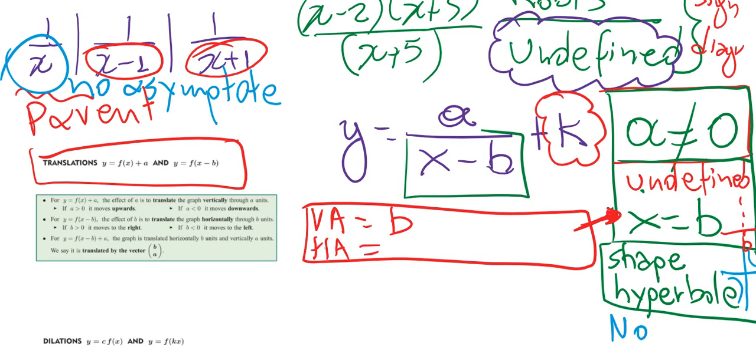The horizontal asymptote is the value of k. If there is nothing there, then your horizontal asymptote will be 0. If it is 4, your horizontal asymptote will be 4.